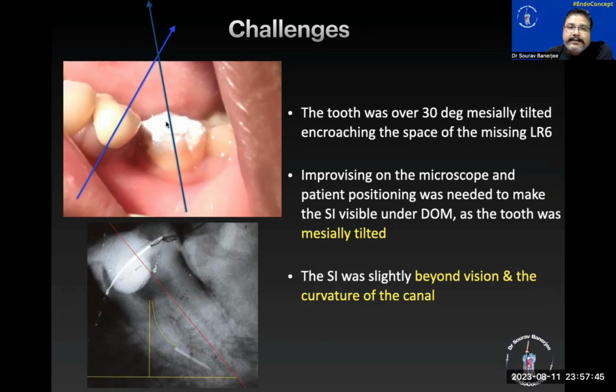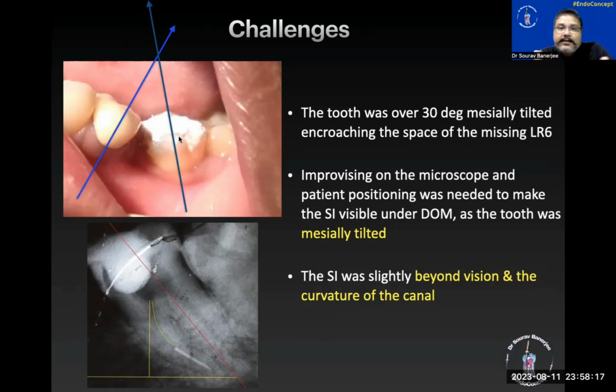Here we can see the mesial tilt of the tooth, almost 30 degrees, which was creating a lot of difficulty, because when we do a retrieval procedure or any endodontic procedure under the microscope, it needs the occlusal table to be parallel to your mirror. So that was the difficulty here.